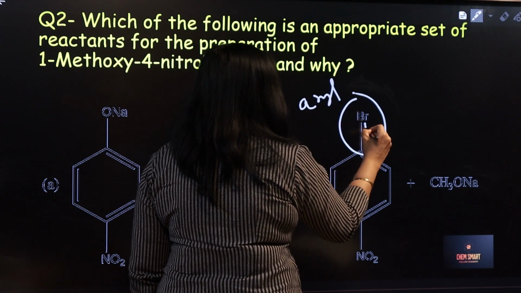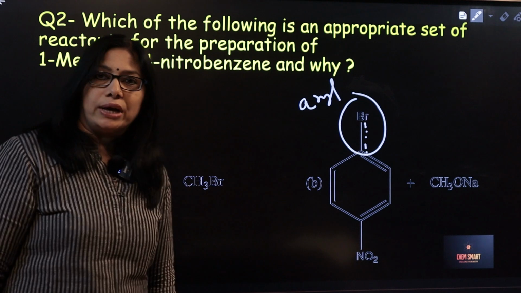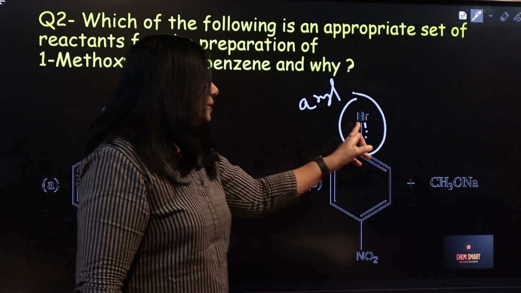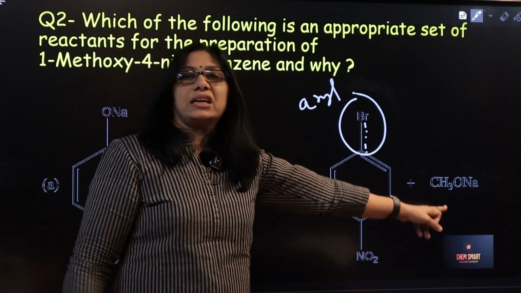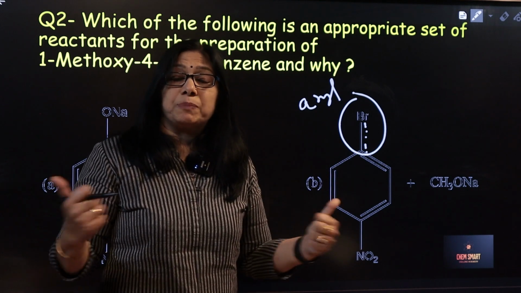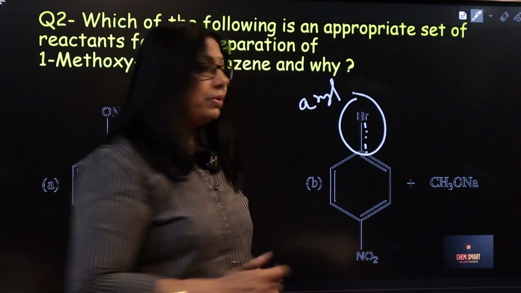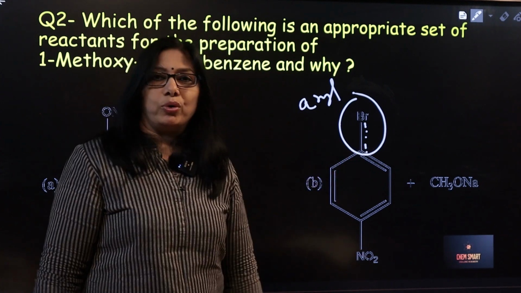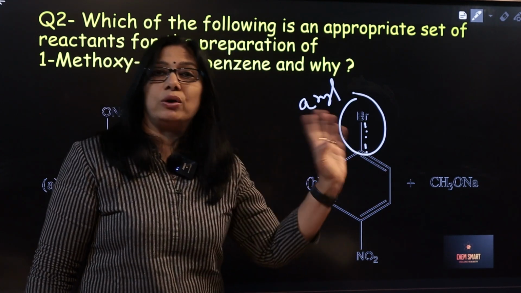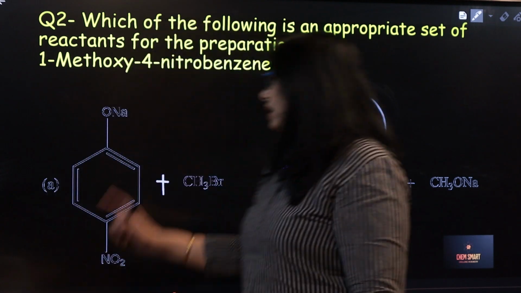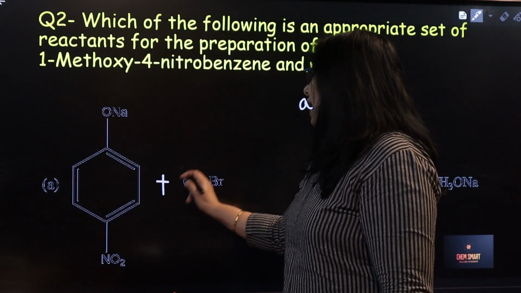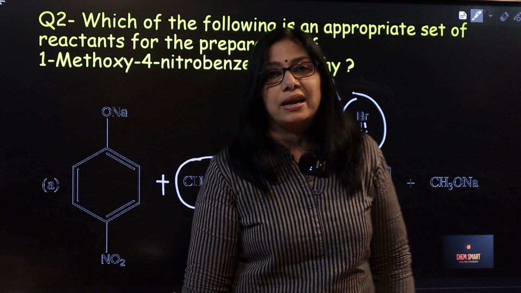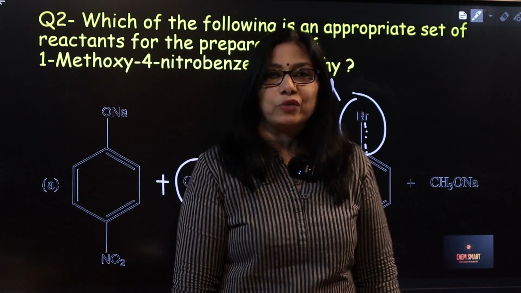And there is a partial double bond character here. You know that. And when an aryl halide is reacting with sodium alkoxide, the substitution becomes difficult because of the partial double bond character of the aryl halogen bond. So, being an aryl halide, it cannot undergo substitution easily. But in this first case, the alkyl halide is used, not aryl halide, for the preparation of the ether.